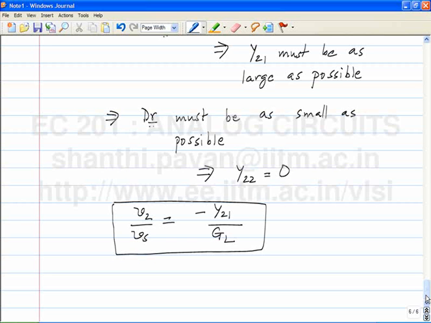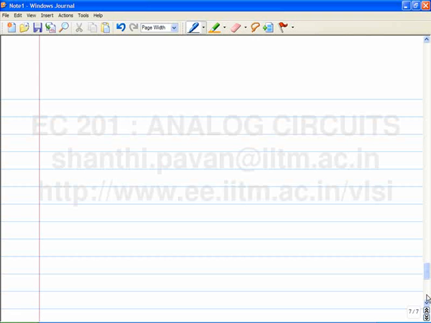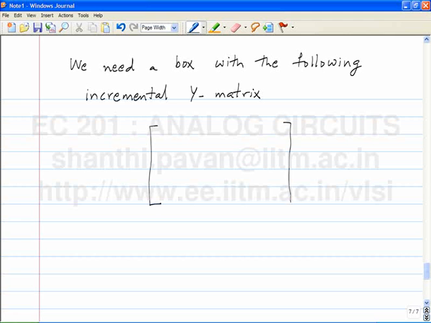So in other words, if you want to make an amplifier, you need to have a two-port network whose incremental parameters are the following. We need a box with, can you help me fill out the entries in the matrix?